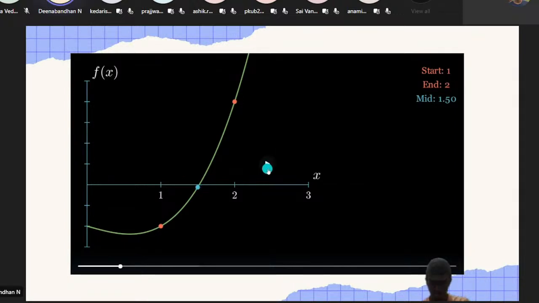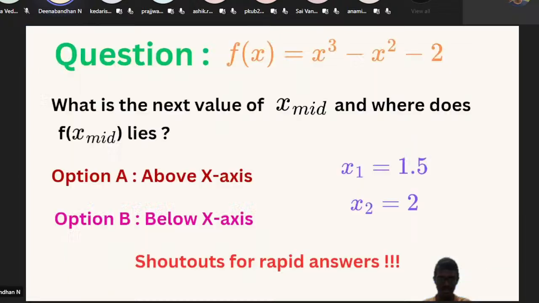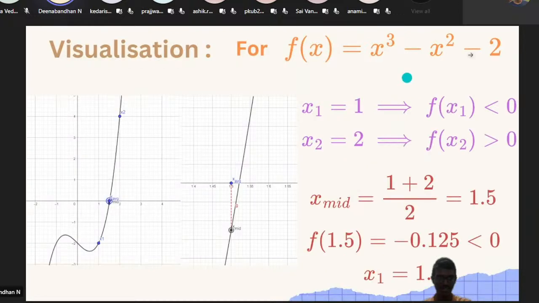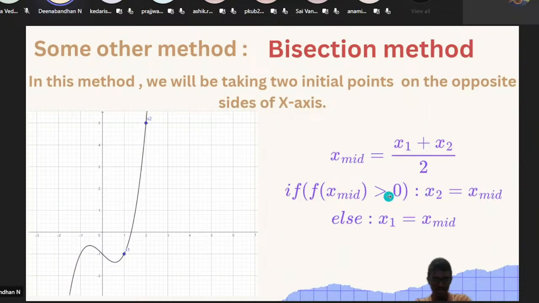Also, there is a case: sometimes, accidentally or otherwise, the midpoint becomes your solution. I haven't mentioned it, but it's obvious. I've said if f of x mid is greater than 0, put x2 equal to x mid, else put x1 equal to x mid. What if f of x mid becomes 0? Do you change x2 or x1? If f of x mid becomes 0, your x mid is a solution itself. We don't need to repeat the iteration at all.